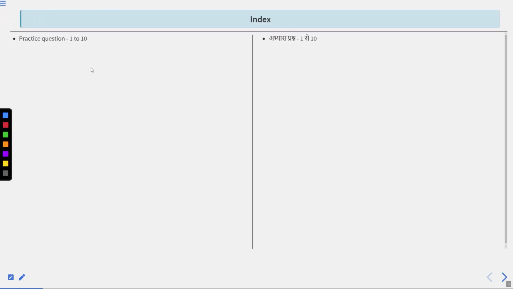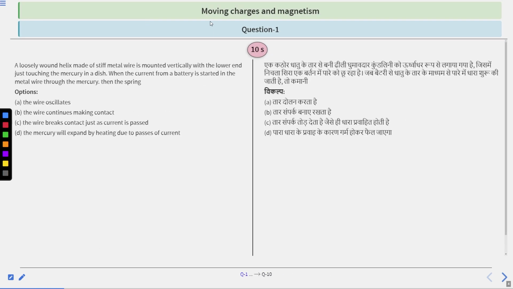So, in today's lecture, we will cover practice questions from 1 to 10. The chapter is moving charges and magnetism.